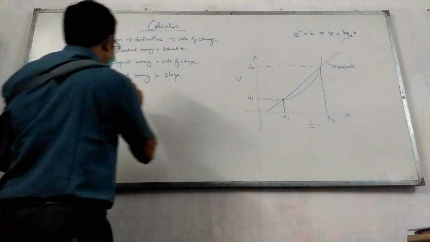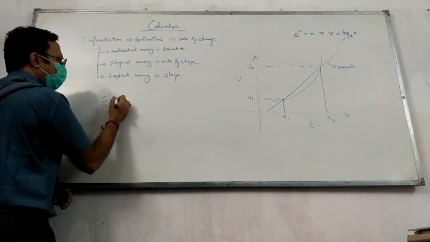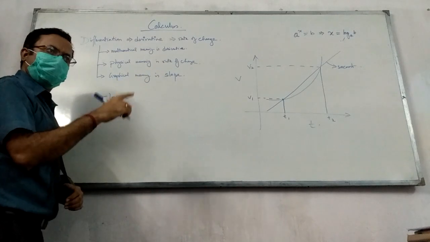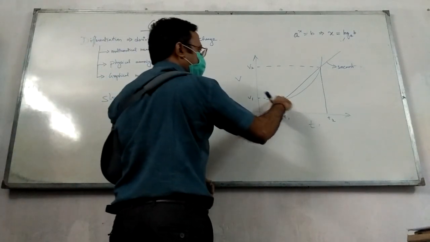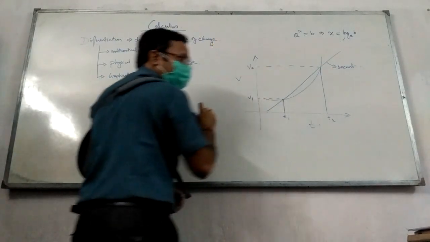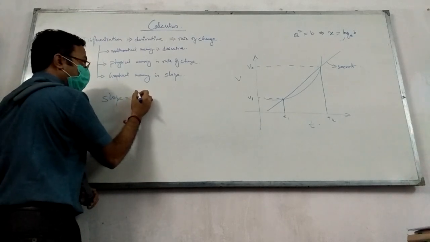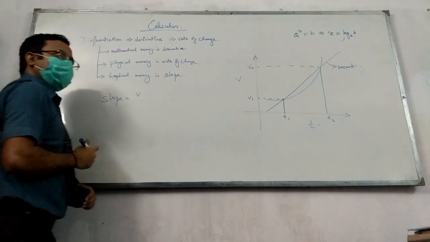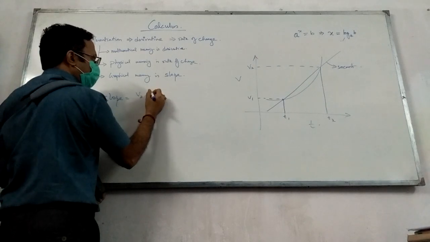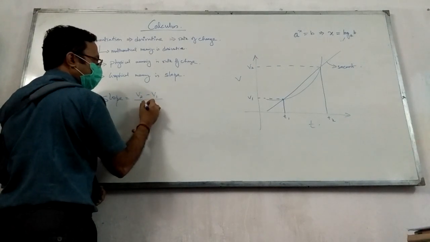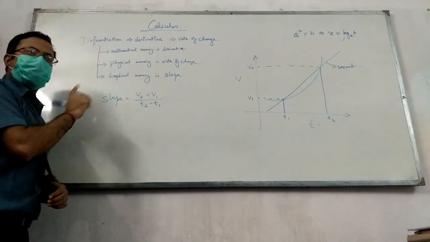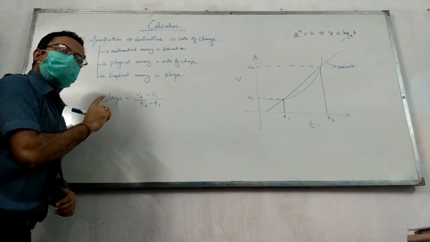Now, the slope of the secant is given by, how do we represent slope? We have learned that if the points are (t1, V1) and (t2, V2), then slope equals V2 minus V1 by t2 minus t1, because it is y2 minus y1 by x2 minus x1.